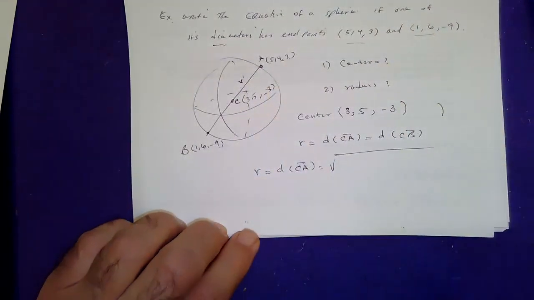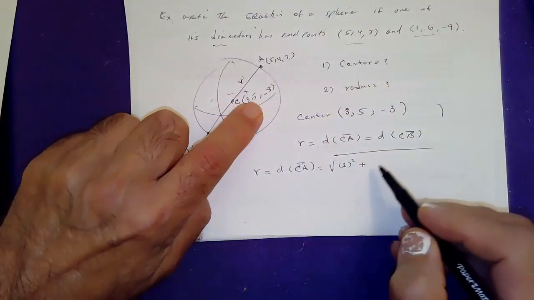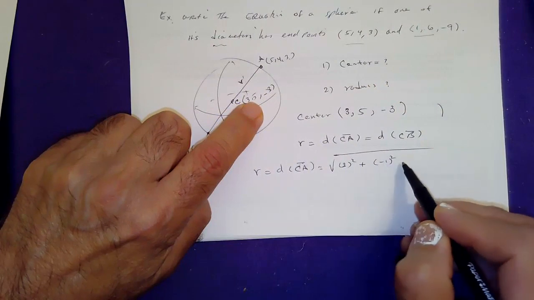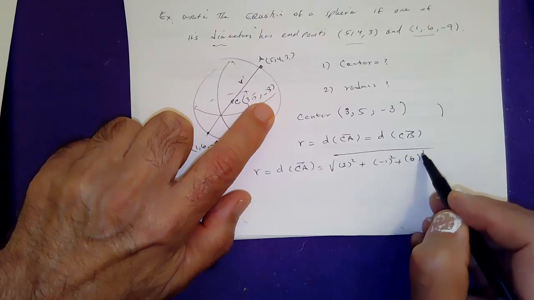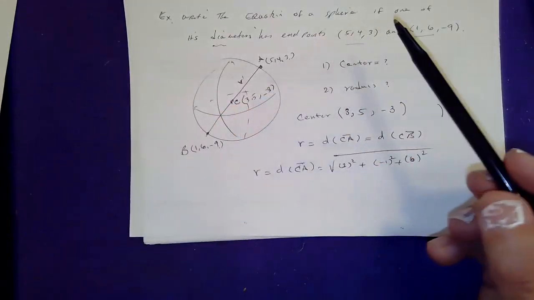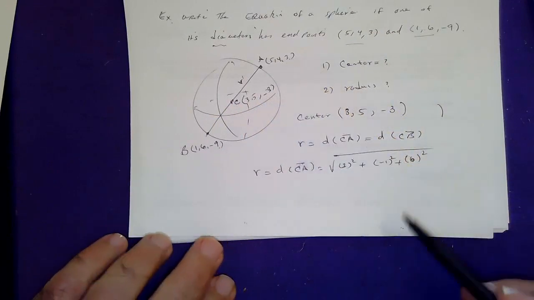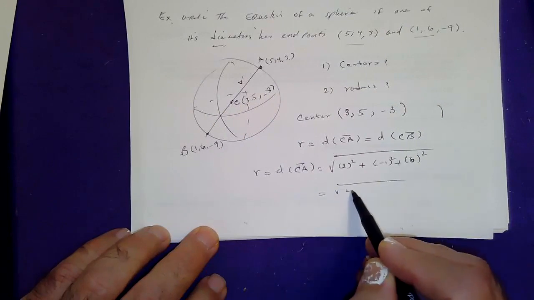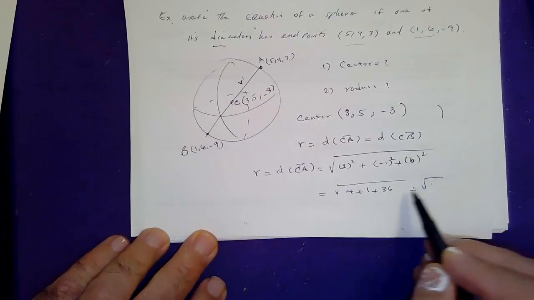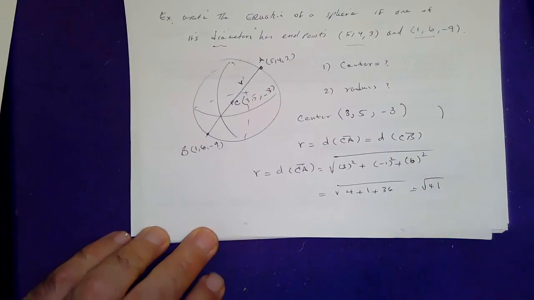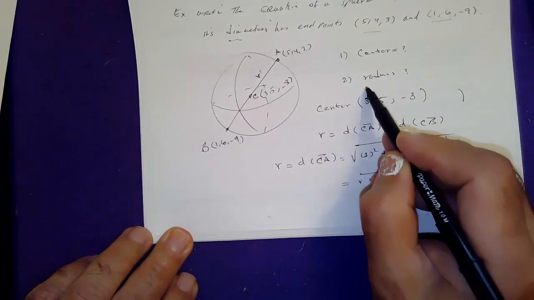So this would be the square root of 5 minus 3, which is 2, 4 minus 5, which is -1, and 3 minus 3, which is 6. So the answer would be the square root of 4 plus 1 plus 36, which is 41.